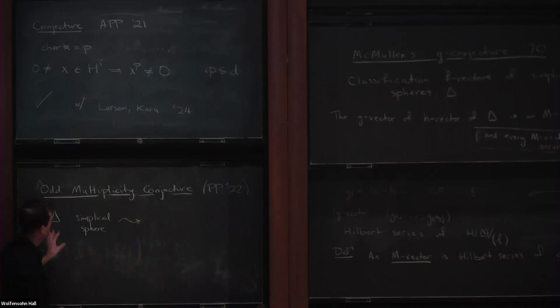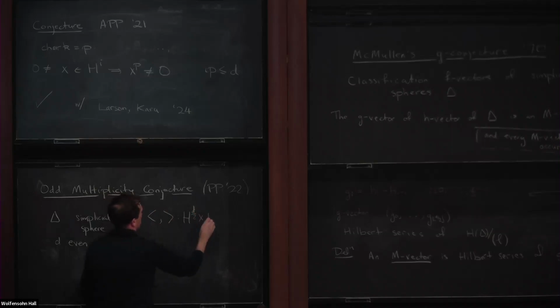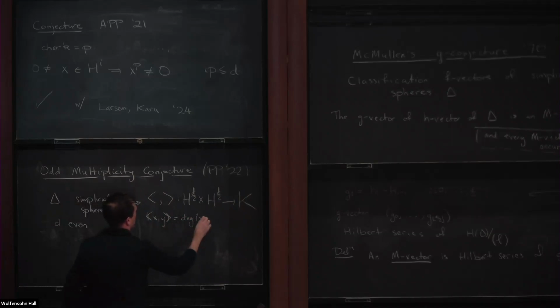So concretely, if I have a simplicial sphere, then let me just be precise. They say if D is even, then I have a pairing from degree D over 2 to K. Sorry for the people who can't see, that's a K. I have my pairing which sends x, y to the degree of x times y.